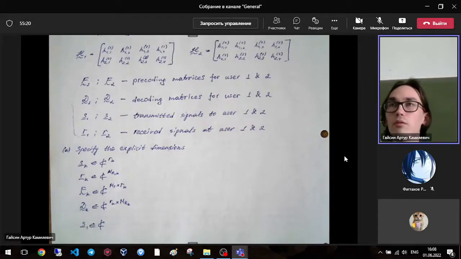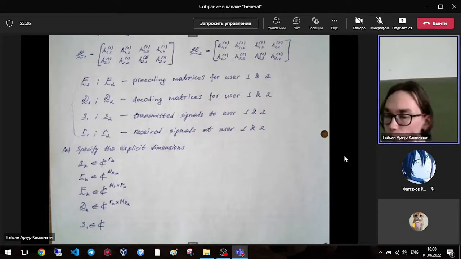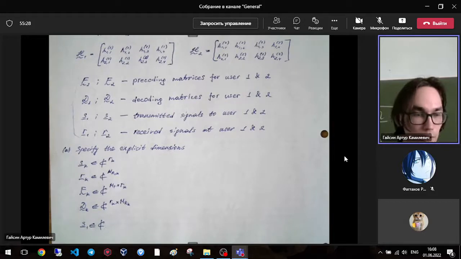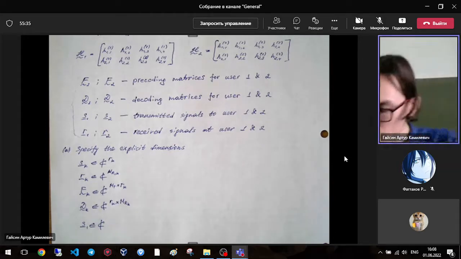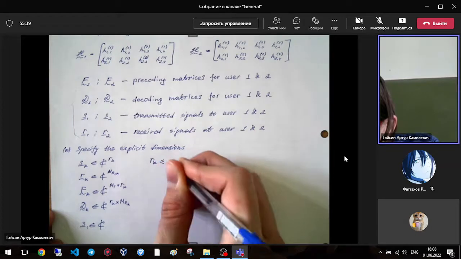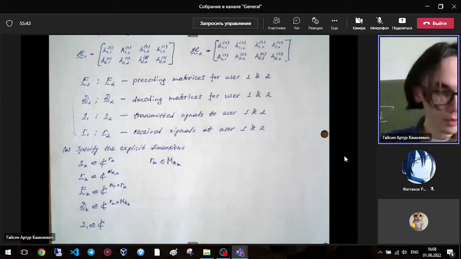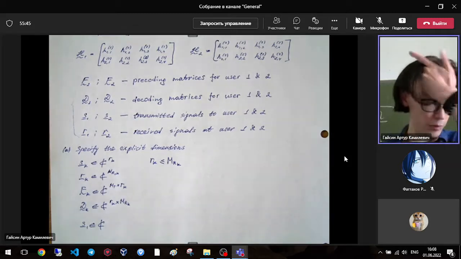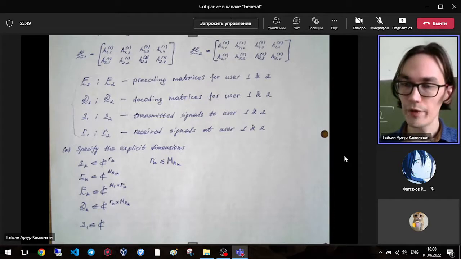So it is vector. Oh, yes, R1, but what the main constraints for R? So we can say that RK should be less or equal to MRK. You can also see it in the multi-user MIMO paragraph.